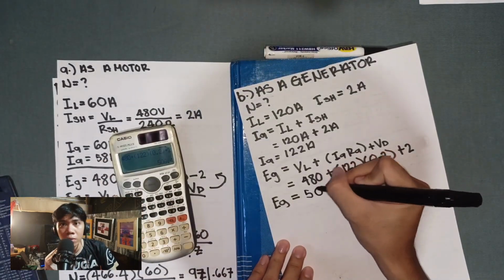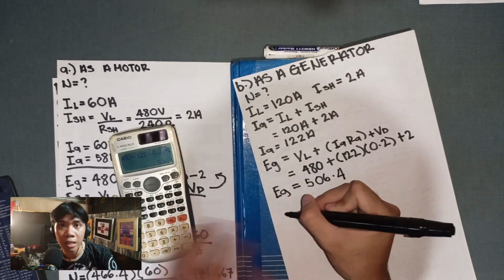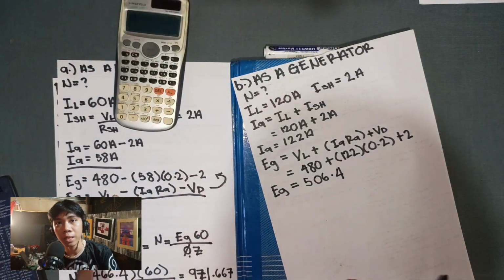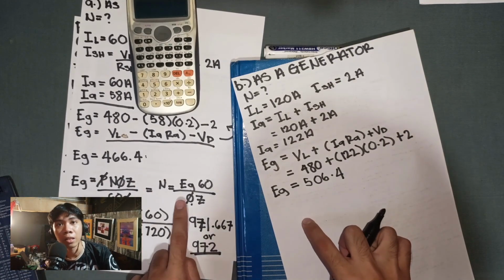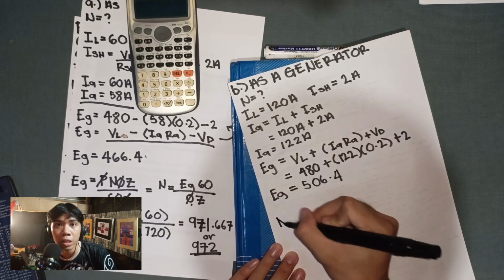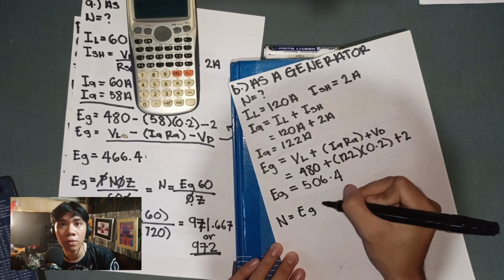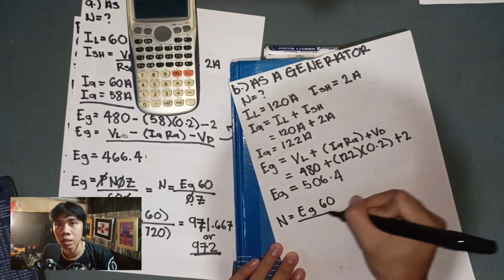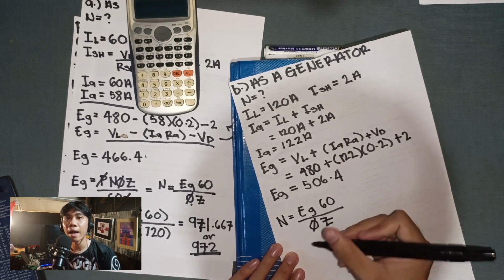Ngayon, ang gagawin naman natin is, katulad lang ng formula na ginamit natin kanina para mahanap yung speed sa as a motor, yun lang naman din ang gagamitin natin formula na N is equal to EG times 60 all over flux times Z. So, substitute lang natin lahat ng mga given.